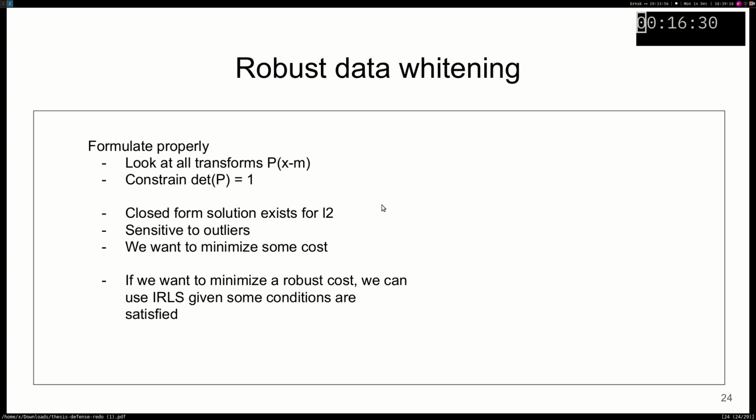But the problem is that when we use L2 distances, it's sensitive to outliers. So instead, we want to minimize some other cost which is more robust. If we want to do so, we can use the procedure of iteratively reweighted least squares, given that certain conditions are satisfied. And we can show that if this cost is the L1 cost, then these conditions are satisfied, and indeed we can find a global minimum to this cost.